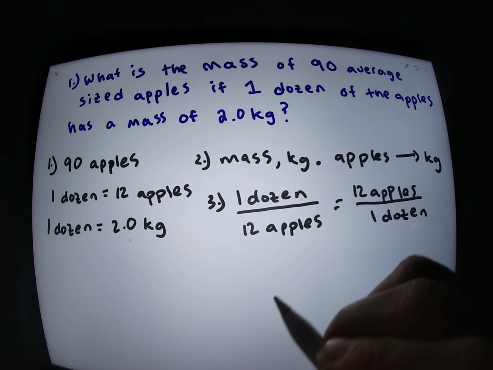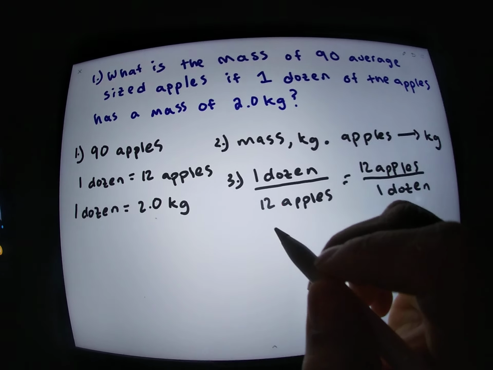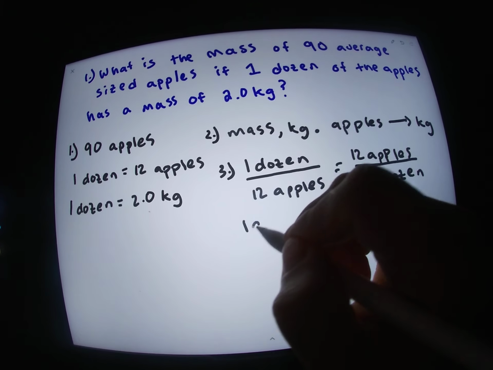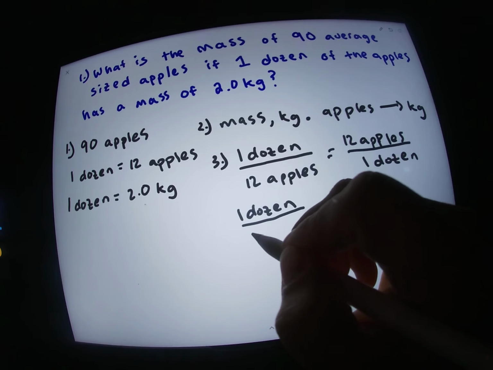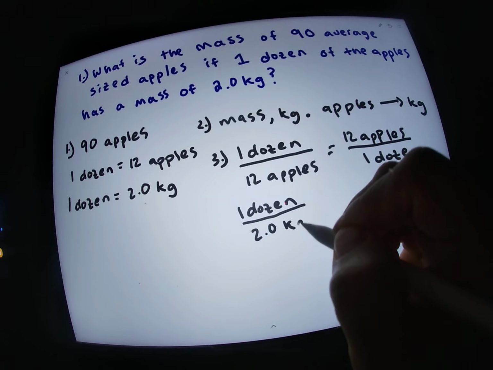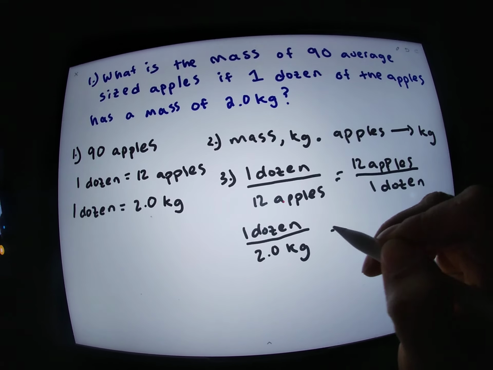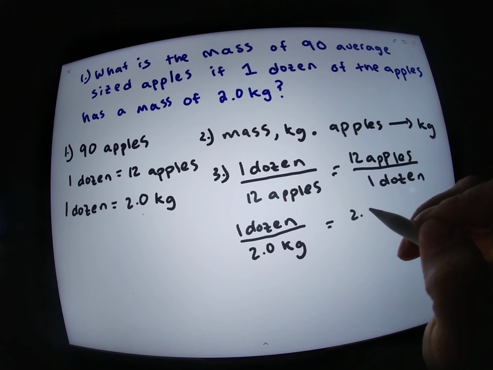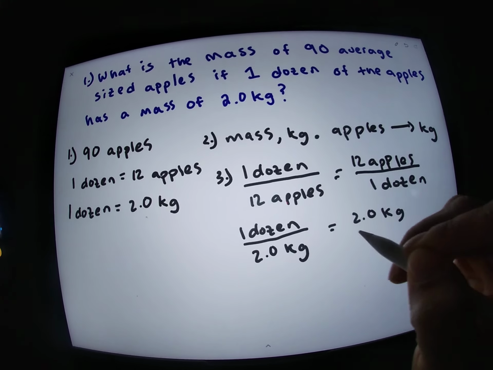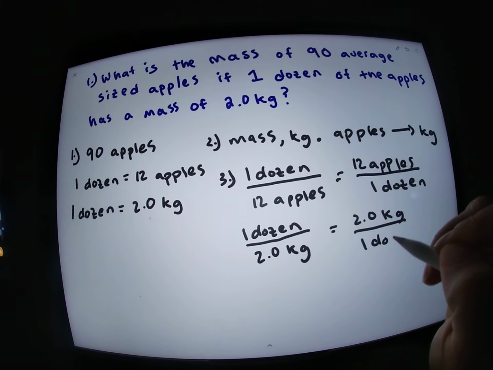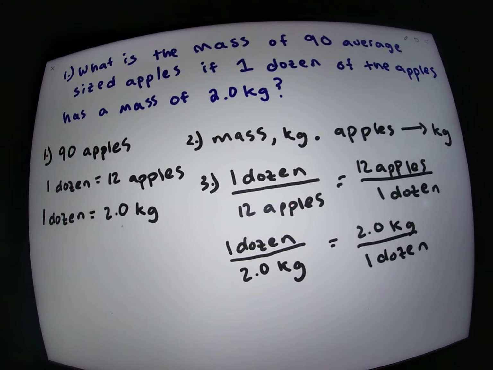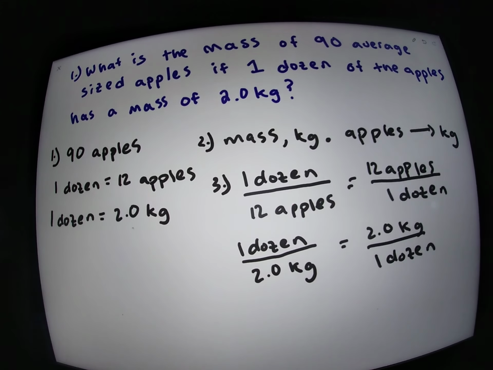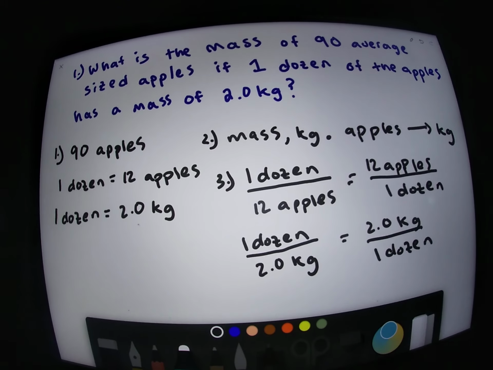The other set of conversion factors is 1 dozen equals 2 kilograms, which equals 2 kilograms over 1 dozen. Those are our two sets of conversion factors. Part 4, set up the algebraic equation.